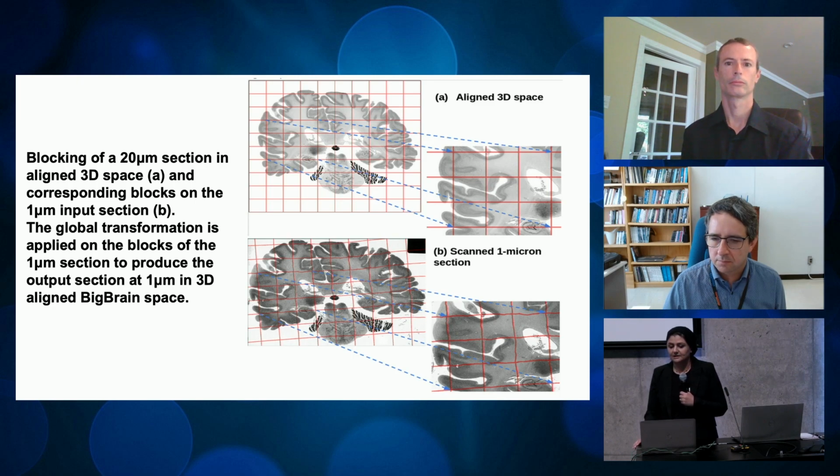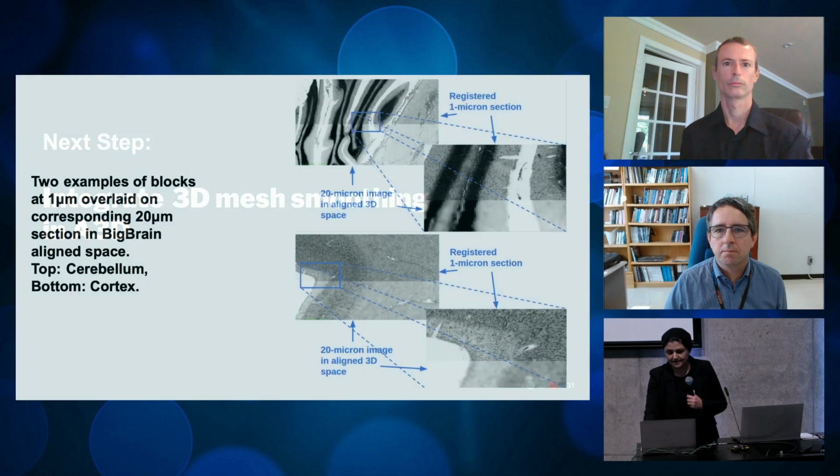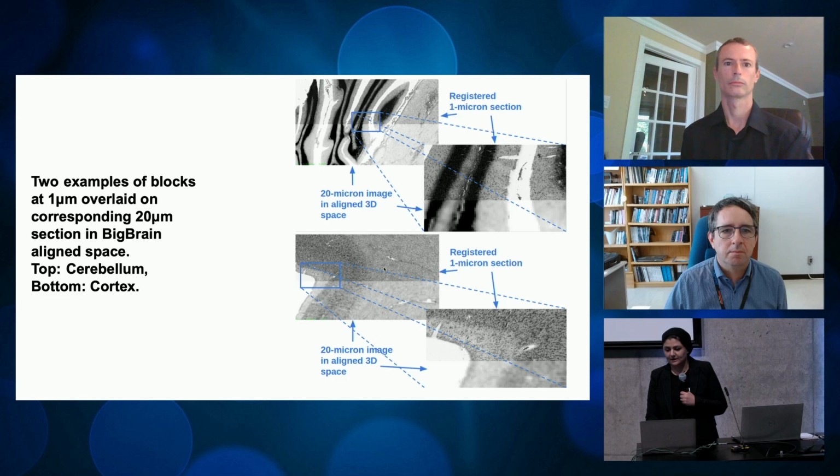This is a work that I have done with Claude at McGill, and we are working on releasing this version. As you see here, when you have the 1 micron slices on top of the 20 microns, we will have much more details, and even we can zoom in and see the neurons.